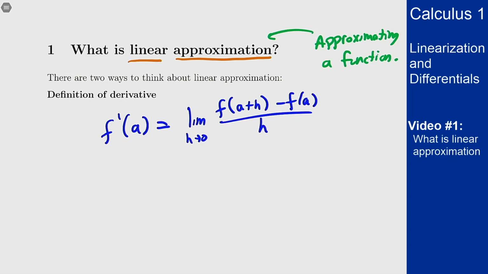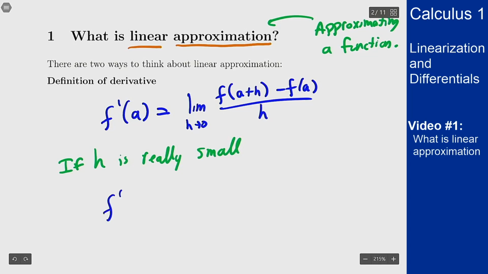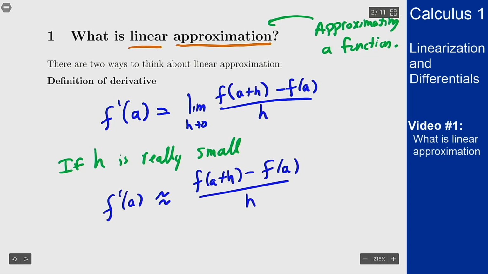Now, if h is really small, then these things should be approximately equal to each other. So if h is really small, f prime of a is basically the same thing as this actual ratio. It's not equal, but it's close.